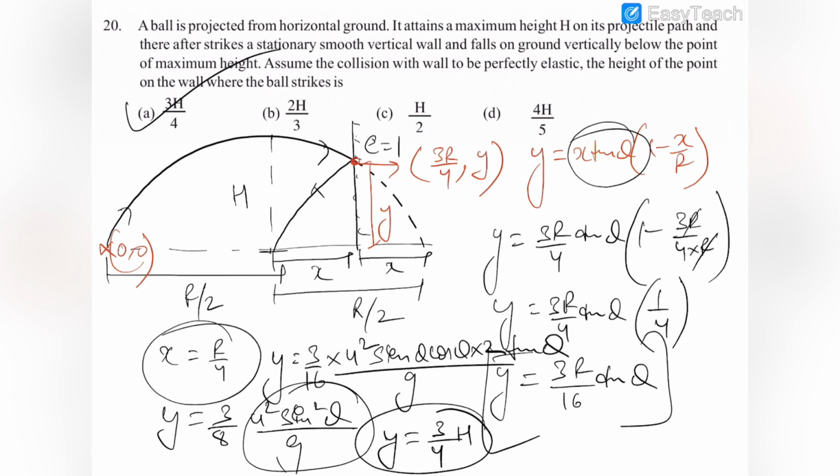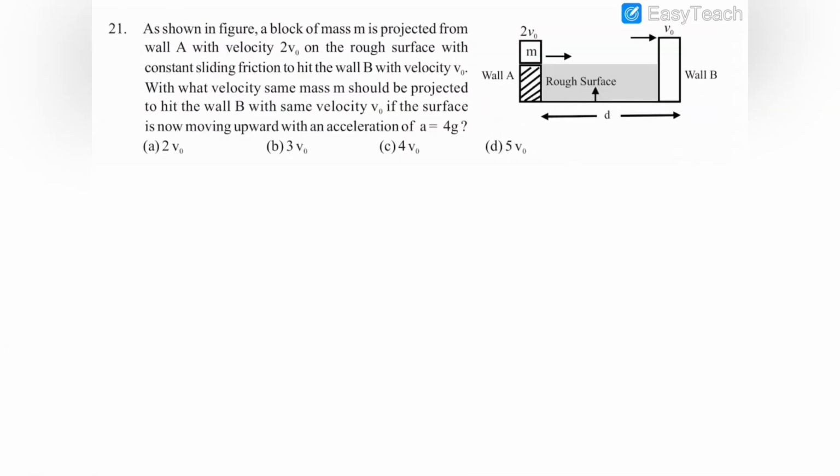Now we move on to the next question. In this question, there is a block which is projected with a velocity of 2v0 like that, and this rough surface has a constant coefficient of friction in such a way that this block hits the wall B with velocity v0.